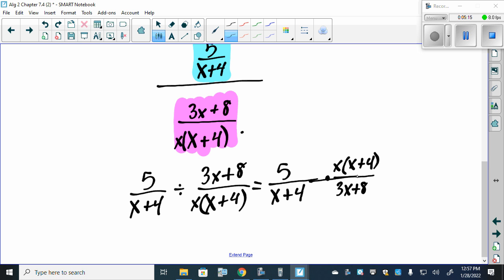So we'd really have 5 times x plus 4 over x plus 4 times 3x plus 8. But we do have something in common on top and bottom, the x plus 4 and x plus 4, which leaves us with 5x over 3x plus 8.